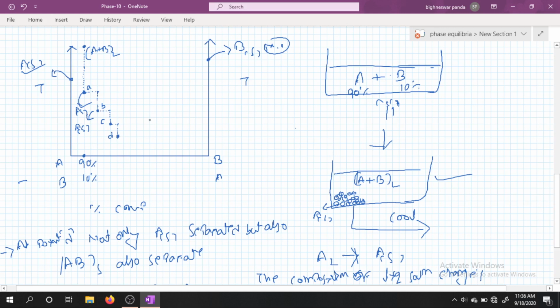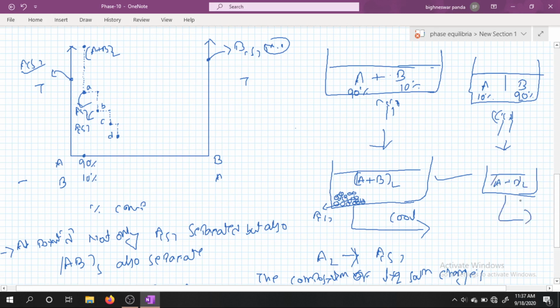Similarly, if I consider B 90% and A 10%, and I am heating this system, upon heating it results in A plus B liquid, and I am cooling this A plus B liquid system.